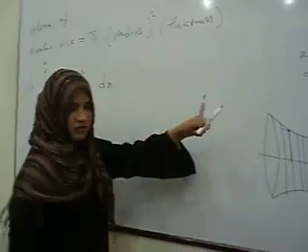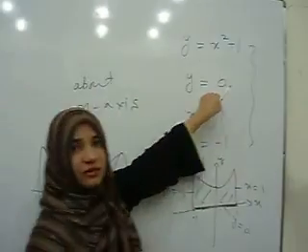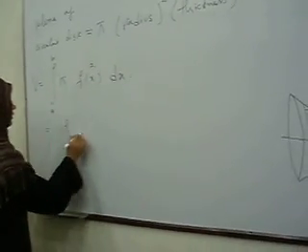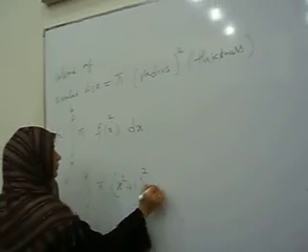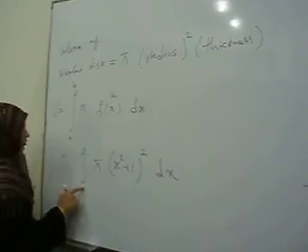So according to the given example, the radius part is x squared plus 1 minus 0, and the integral is pi times the radius squared into dx, the thickness.